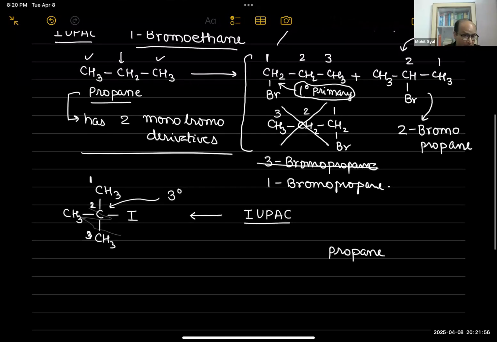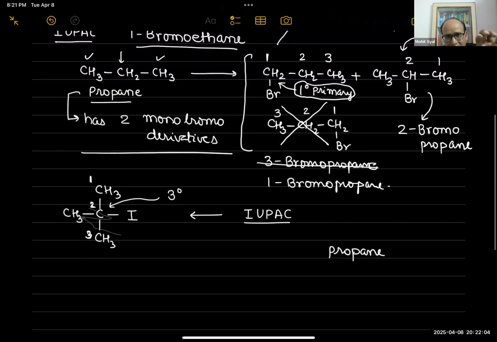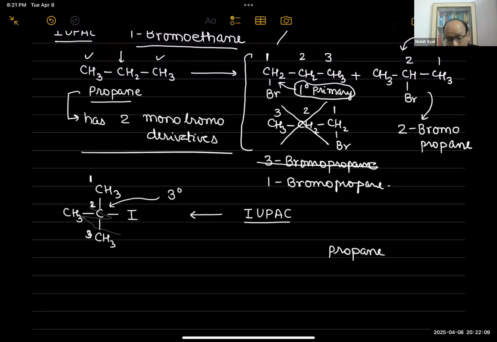These groups are written in alphabetical sequence. So what should I write? Should I write 2 methyl and then 2 iodo, or 2 iodo and then 2 methyl? 2 iodo, 2 methyl.